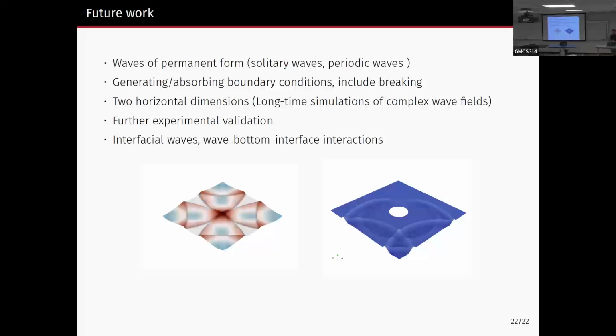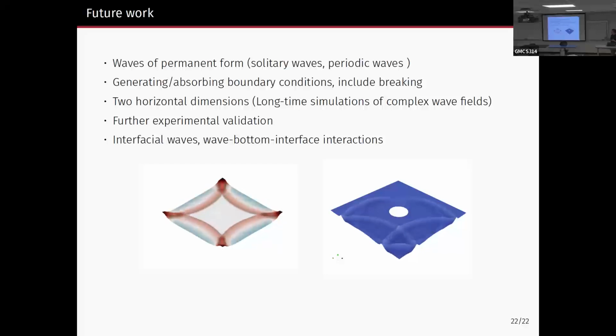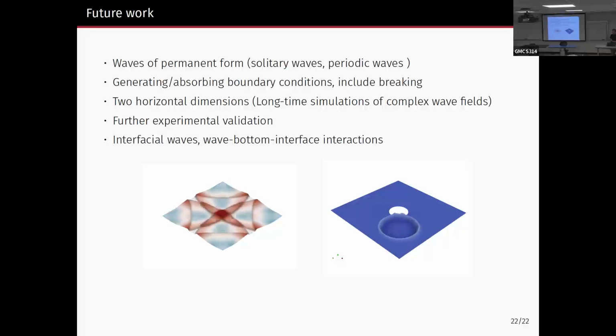We have to introduce generating and absorbing boundary conditions through the use of sponge layers in order to make the problem more applicable to more realistic situations when you have incident waves that can break. The two horizontal dimensions is also a problem that we would like to go to. Here, for example, I show you a spectral solution, and here is a finite element solution.